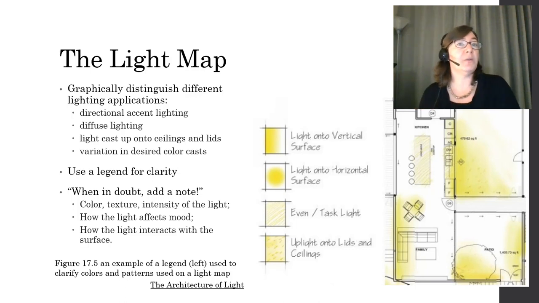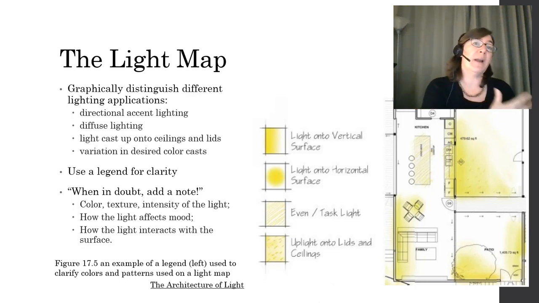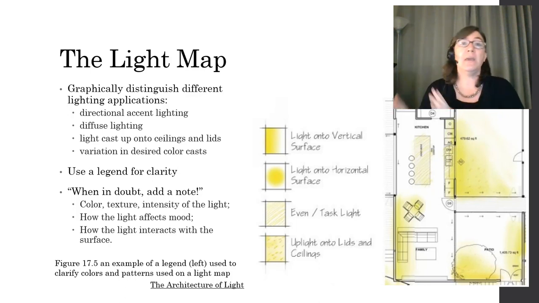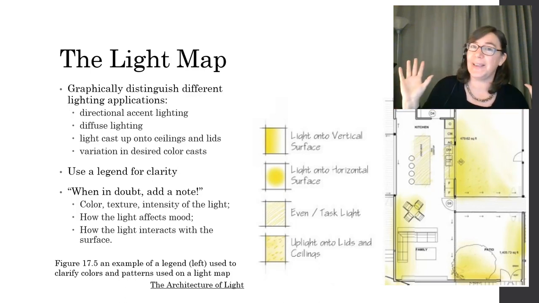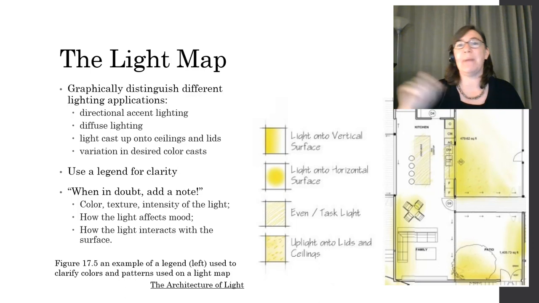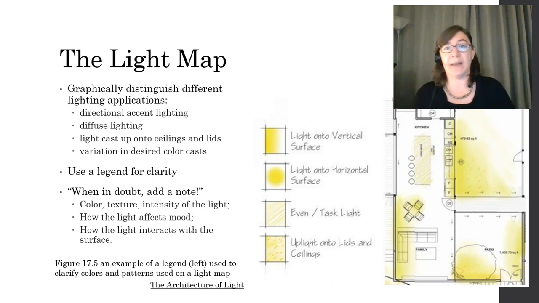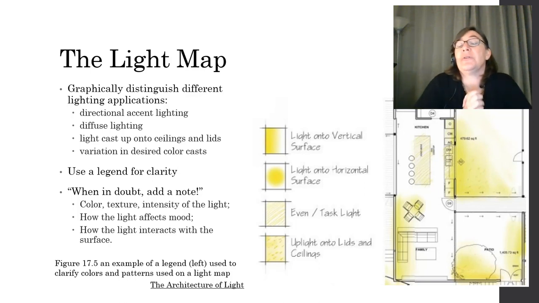One good idea is to use a legend for clarity. So whatever indications that you come up with for this light map, you want to annotate them right there on the drawing. And finally, the rule is when in doubt, add a note. If you can't really indicate it by a shading or a color, then just go ahead and add some text and tell us what your idea is. This could be the color or the texture or the intensity of the lights.